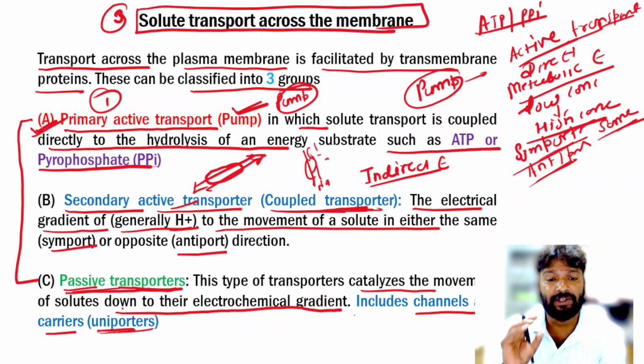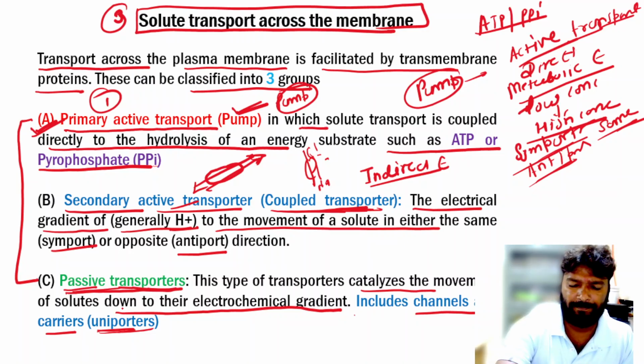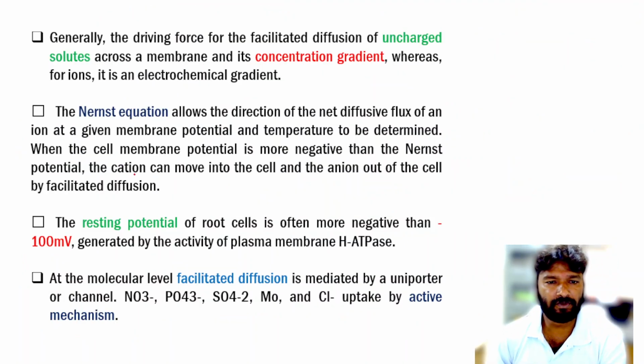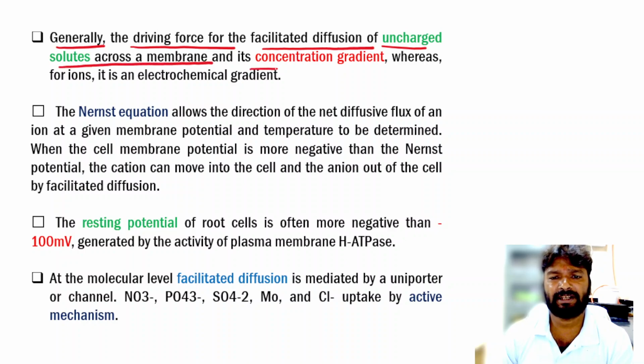Okay, so these three types of transporters are involved in the transport of nutrients across the membrane. So generally the driving force for the facilitated diffusion of uncharged solutes across a membrane is the concentration gradient, whereas for ions it is the electrochemical gradient.